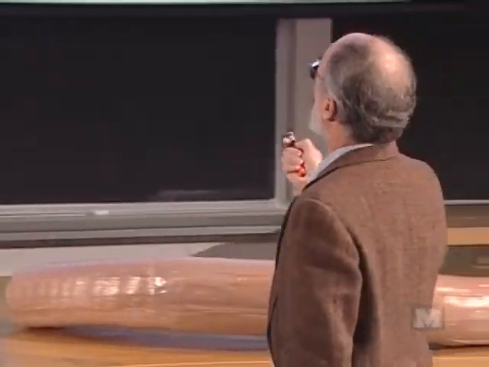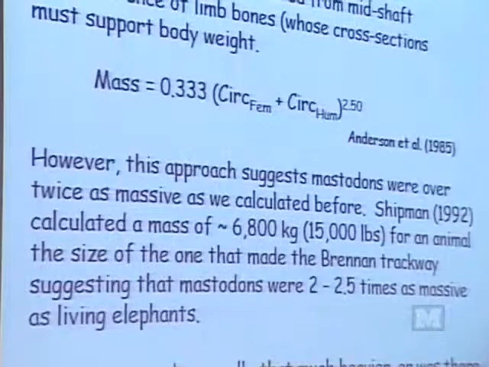I was not the first, however, to ask this question. There was other work published that purported to be a solution to what was the weight of mastodons. The equation here is an equation for mass based on the circumferences of the major limb bones, the humerus and the femur.